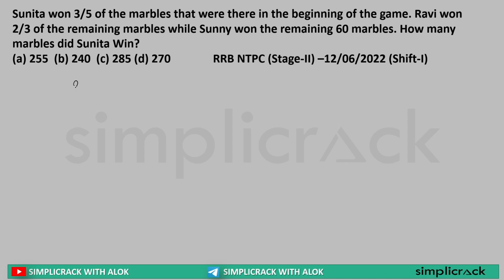Here if I say there are x marbles, Sunita won how many? 3 by 5 x. So whatever is remaining, who is winning that? 2 by 3 of this is won by Ravi, and the remaining is won by Sunny. This is what?